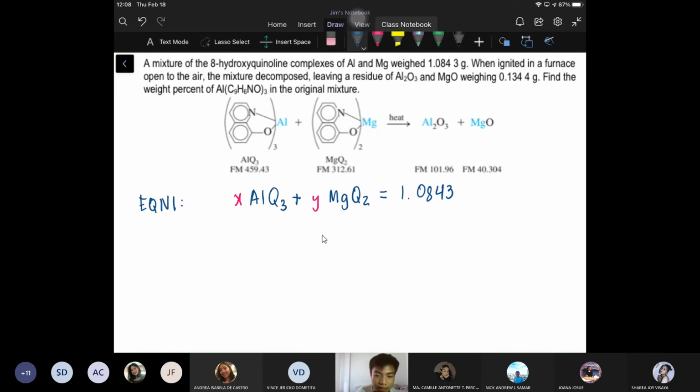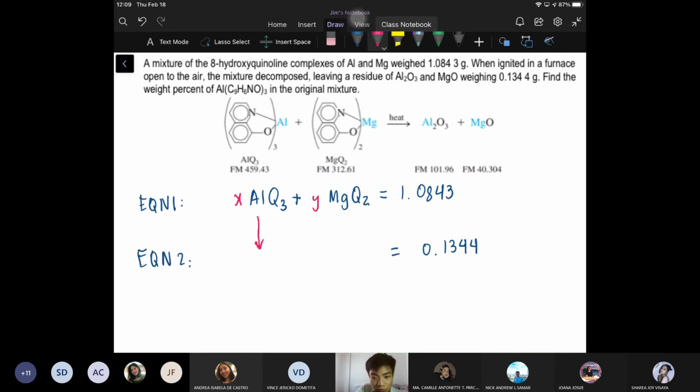Okay. Then, ano yung nangyari? Equation 2 na tayo. Ano sumunod na sinabi sa problem? When ignited in the furnace, our mixture decomposed to give us aluminum oxide and magnesium oxide. And yung weight ng dalawang yon is equal to 0.1344 grams. O saan kaya galing yung aluminum oxide? Di malamang dito, no?